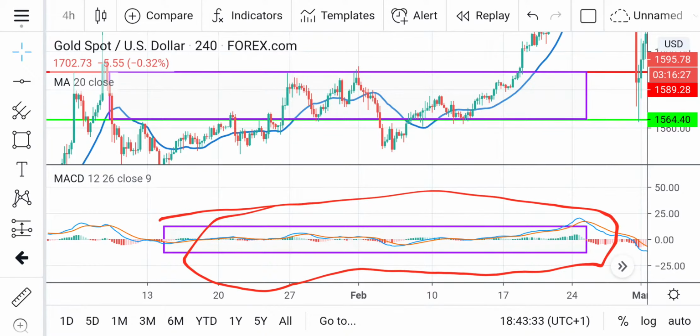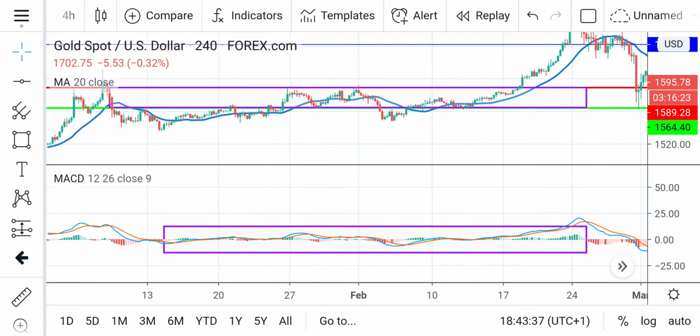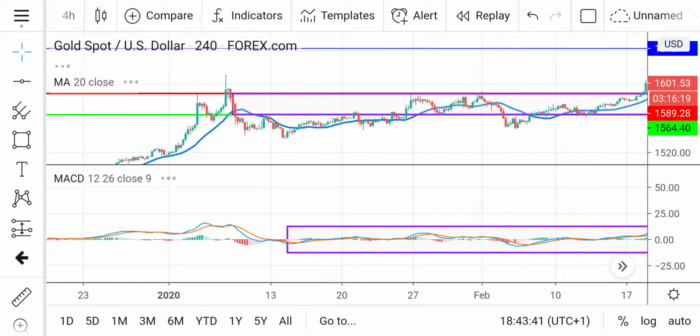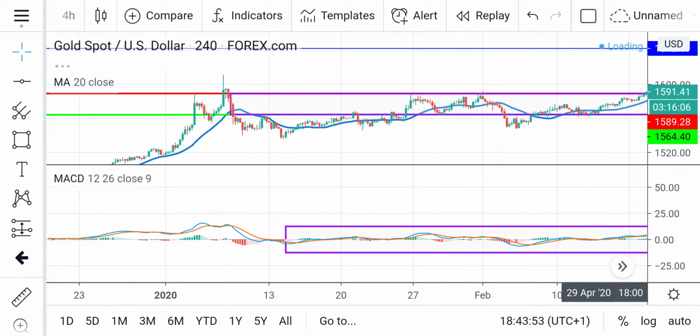So what I do is that I look for breakouts. I look for price breakouts. So for me to enter this trade, as long as the price is trading between a support and resistance, I'm going to be bearish about this market.